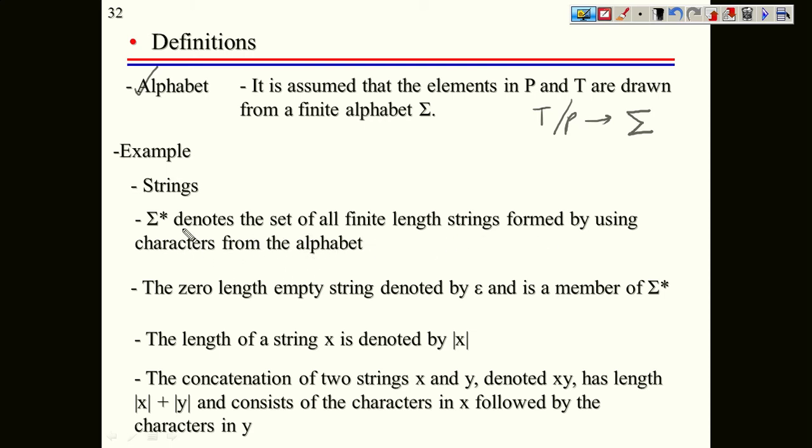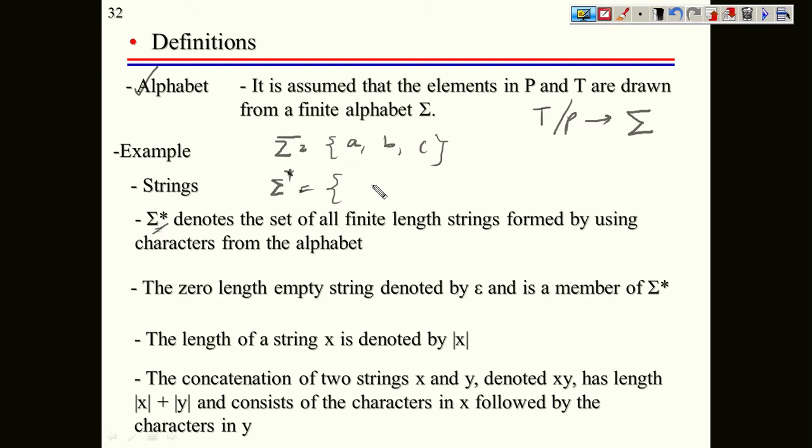So this denotes all the possible combinations of finite length that can be derived from the set sigma. What does it mean? If I say my sigma is A, B, and C, then every possible combination that you can derive out of this is an element of sigma star.